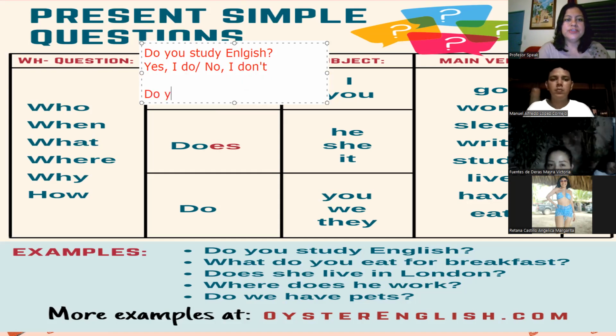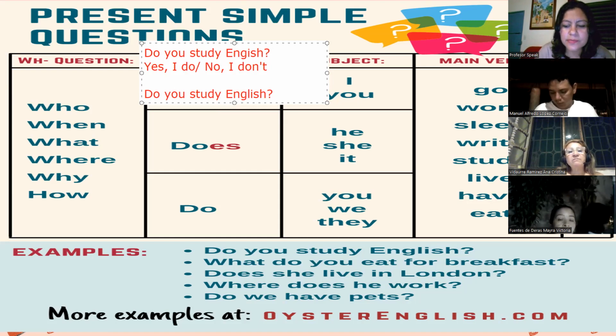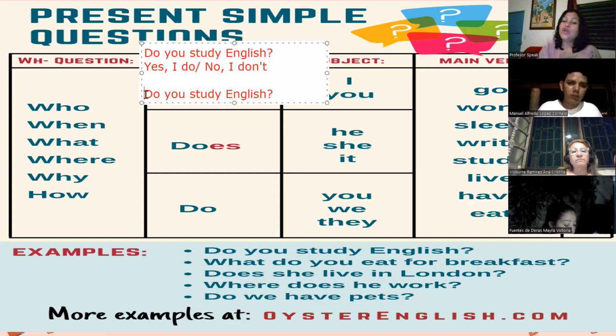I will put the question again. Do you study English? Oh my God, I put English incorrectly. Look, English. Again, do you study English? Now, I don't want a yes or no question. I want to use a WH question.